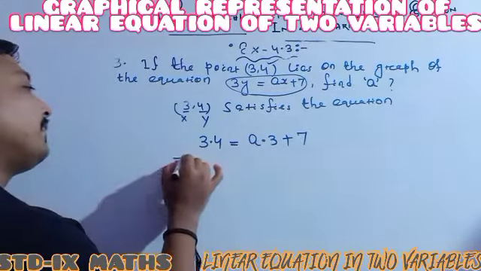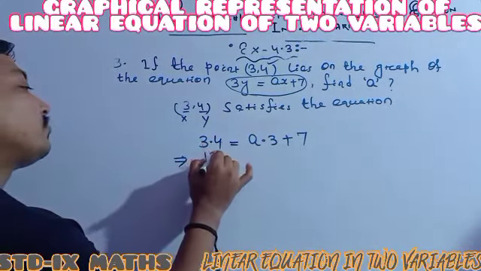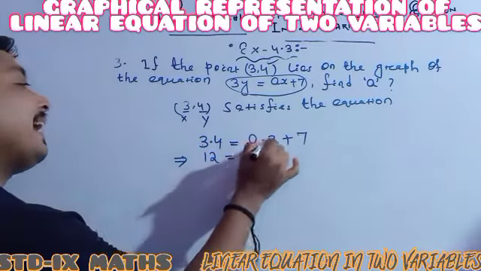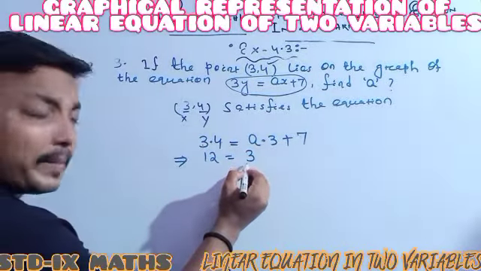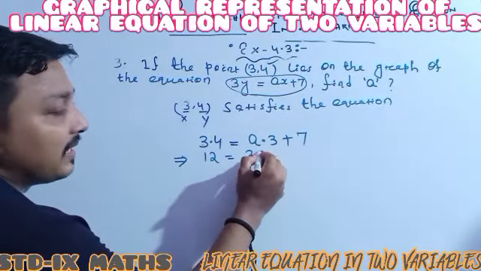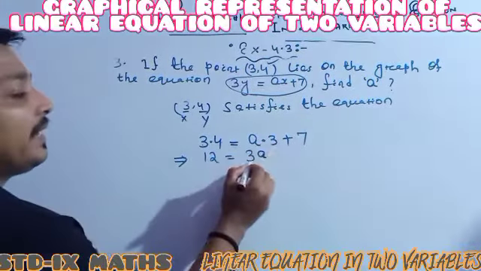See, on solving you will get 3 into 4 is equal to 12. Then after, a into 3: firstly it will be better that we write the numeral first, then after the variable. A into 3 means 3a.